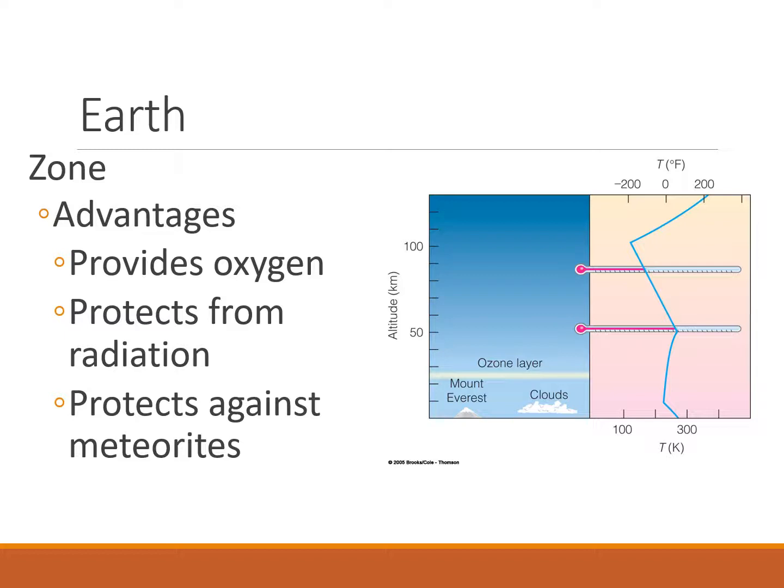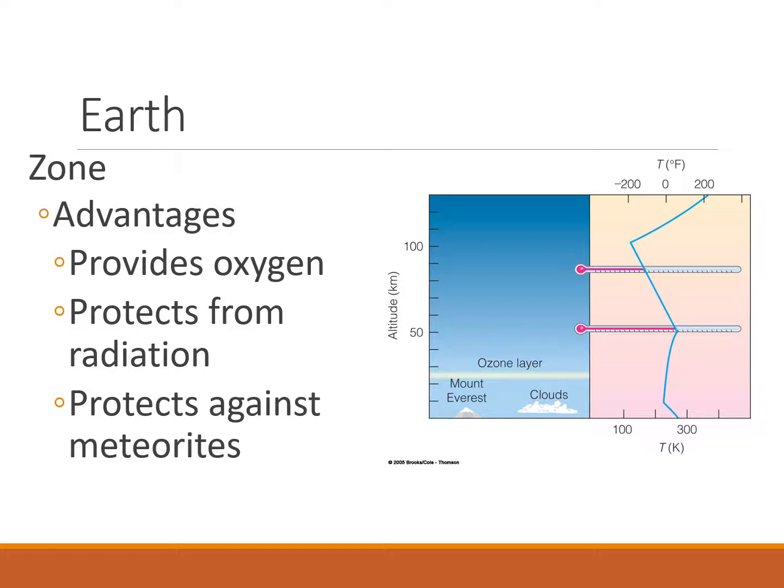Okay, so let's talk about the atmosphere. There's lots of advantages to having an atmosphere. One is that it provides us with oxygen. That's not actually from the atmosphere itself. It's actually from the plant life that produces the oxygen through photosynthesis. The atmosphere also protects us from radiation, and that protects us in several ways. Certain layers will protect us from UV radiation.